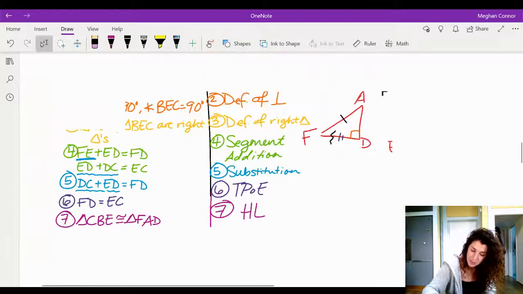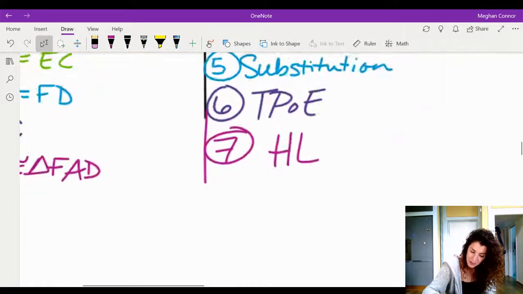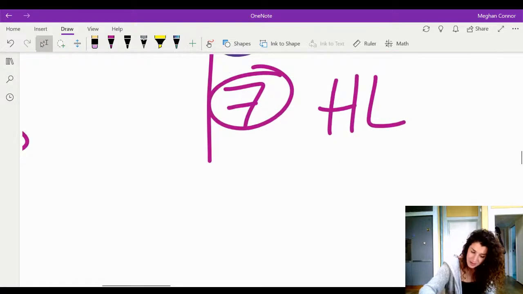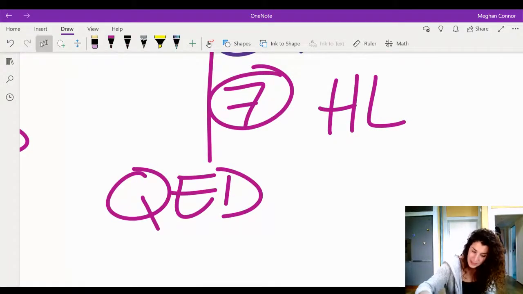Is that what we wanted to prove? It is what we wanted to prove. QED.